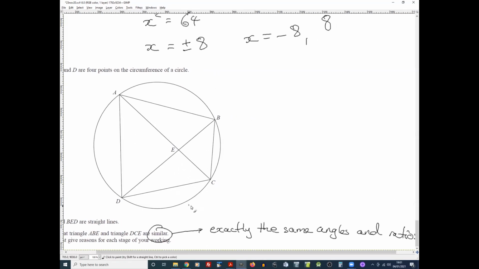If they did and they were similar, then I think the quadrilateral here would have to be a rectangle, I think. No, that's not true. But it would have to be kind of isosceles, not a trapezium necessarily. It wouldn't need any parallels, no.